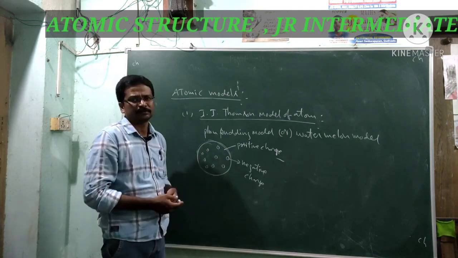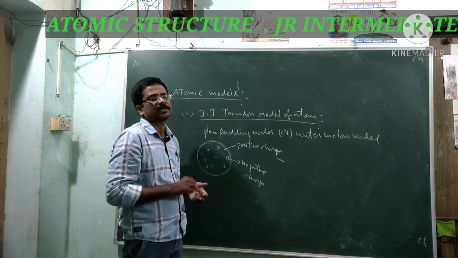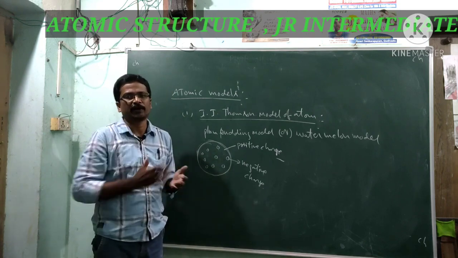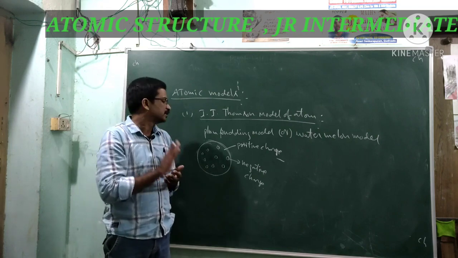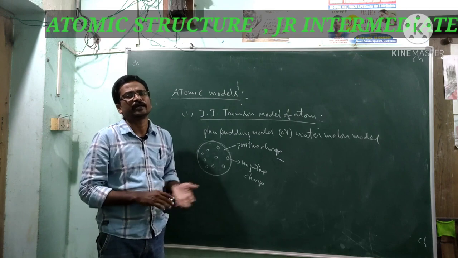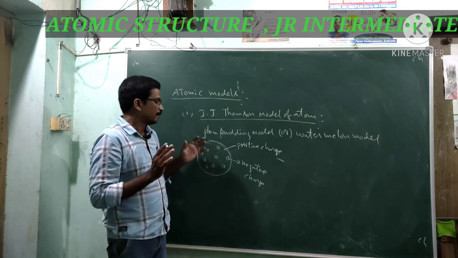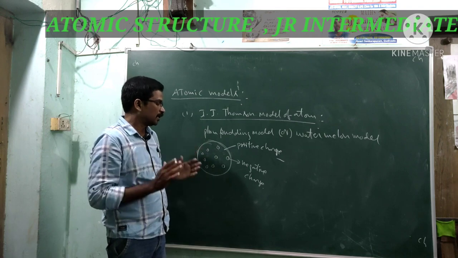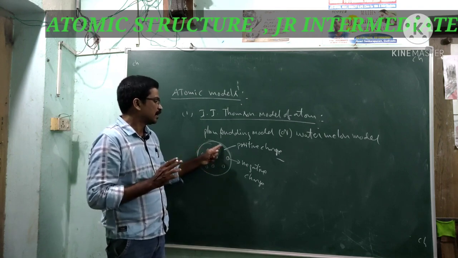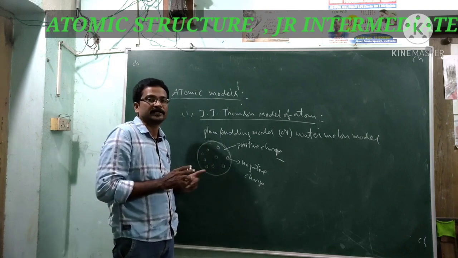Like a watermelon, the seeds are represented as electrons. The remaining colored part is indicated by positive charge. According to this model, we understand the charge and mass are uniformly distributed. These are not concentrated at any part.